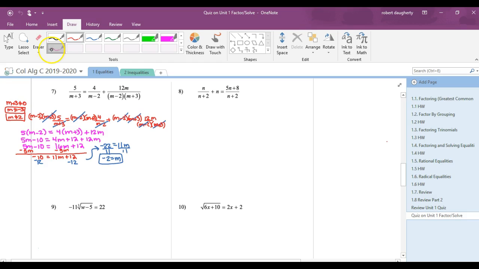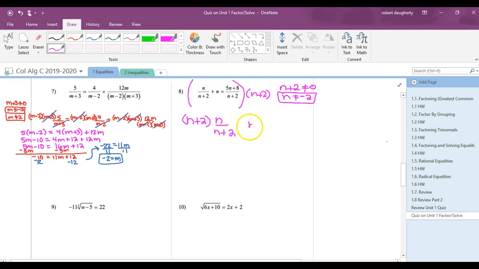Okay, the next one here, my restriction, n plus 2, cannot be 0. N cannot be negative 2. Okay. This entire equation, everything has to be multiplied by n plus 2. If you're having trouble, write out each step. You're going to have n plus 2. It gets multiplied by n over n plus 2.